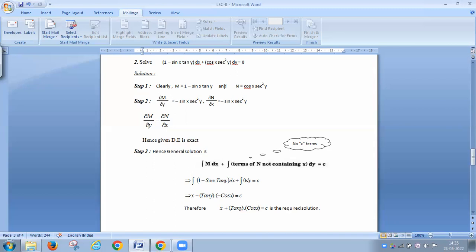Similarly, while finding ∂N/∂x, we have to treat y as a constant. Also, while integrating with respect to y, here it is integral 0, but if there is a term here, we have to treat x as a constant. So this is the procedure.